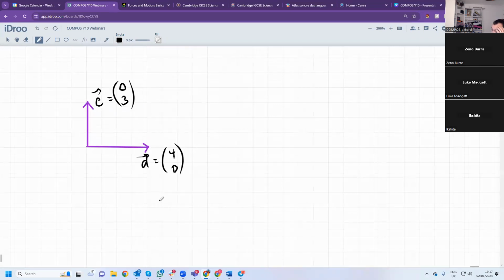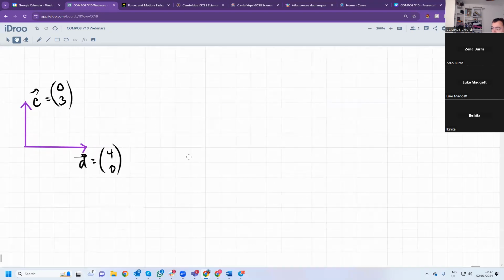Yes, usually you would have them as columns, but you don't always have the vectors as columns, that's the problem.